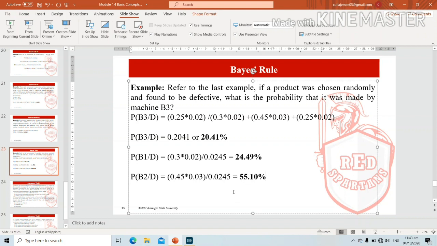So, yun lang yung ating topic, ito ang basic concept of probability. Ito yung tapos din ng module 1 natin. Next na is yung module 2 natin, yung the discrete distribution.